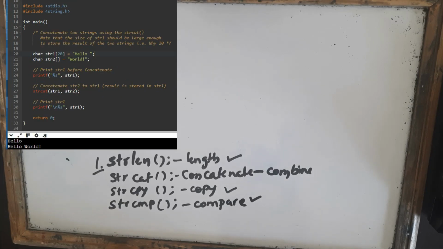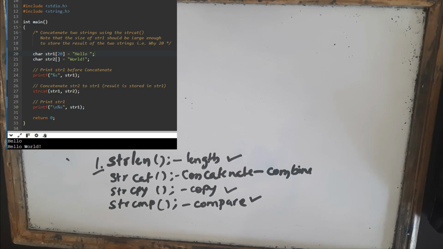The next function is strcat. That means string combine. It combines two strings into one. Cat means concatenate. In this example, you can see there are two strings, hello and world. If you print first, it printed only hello.